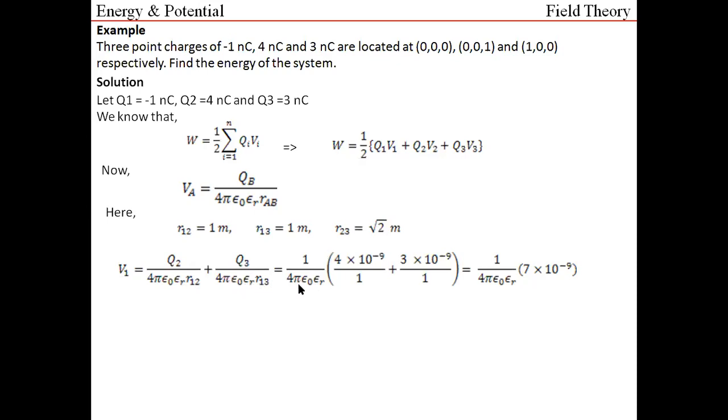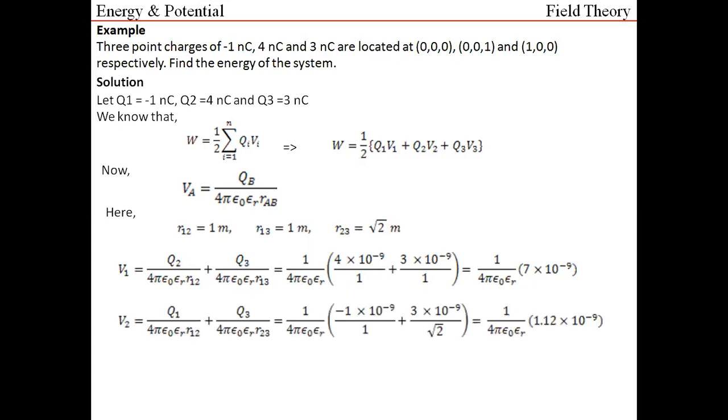I can take 1 upon 4 pi epsilon 0 epsilon r as a common term. The value of Q2 is 4 nanocoulomb and the distance R12 is 1, so it is 4 into 10 raised to the power minus 9 divided by 1, plus 3 into 10 raised to the power minus 9 divided by 1. This gives me 1 upon 4 pi epsilon 0 epsilon r times 7 into 10 raised to the power minus 9.